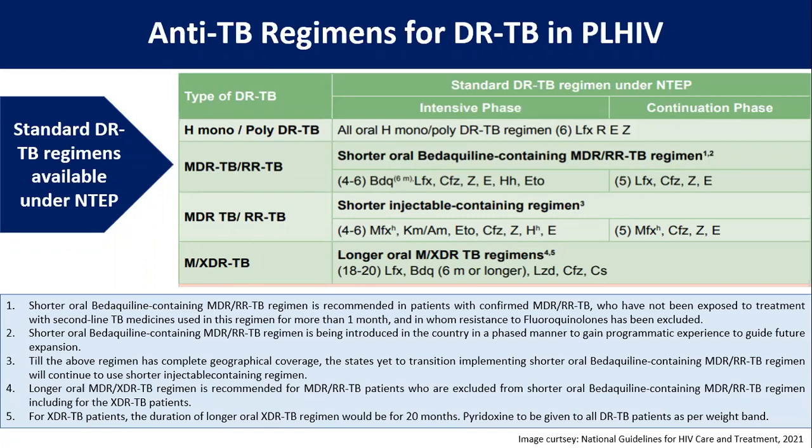So MDR-TB, short course with bedaquiline, these are there. But basically in an ART center, we receive patients who have already been put on a drug-resistant TB regimen. And if we can know the drugs that are being used and their side effect profile, then for an ART MO it is easier. It is possible to manage that case.